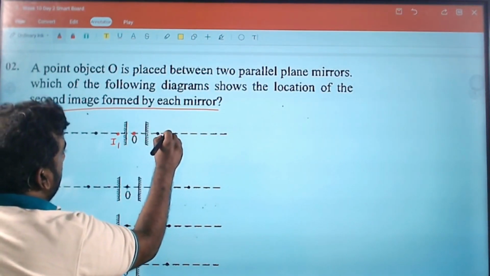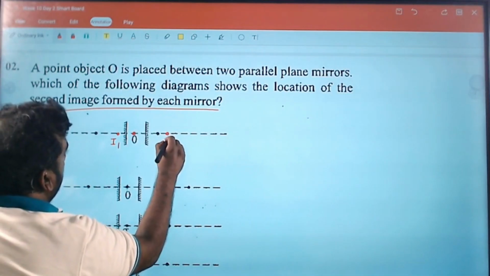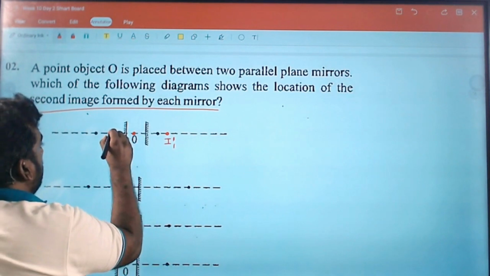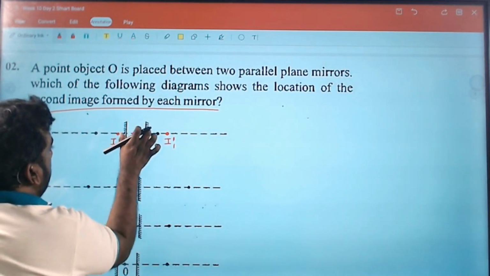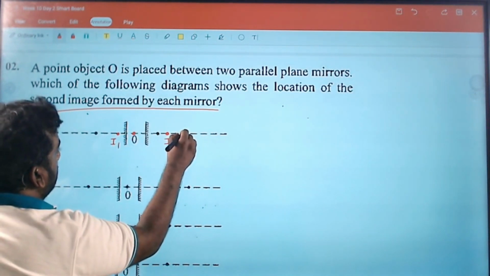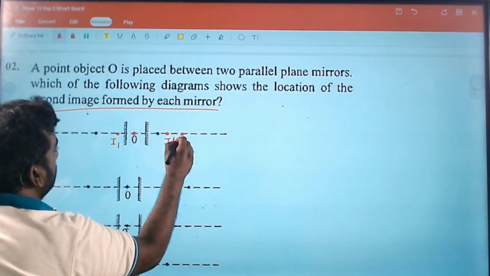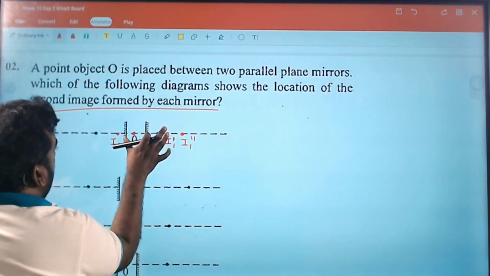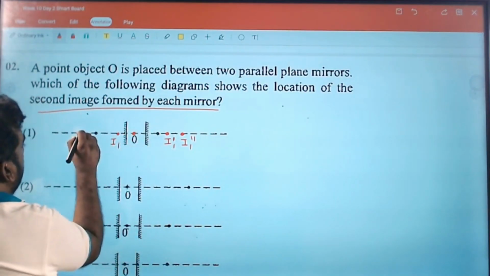Object here, image here. This becomes the object for that. Object here, image there. Object here, image somewhere here.